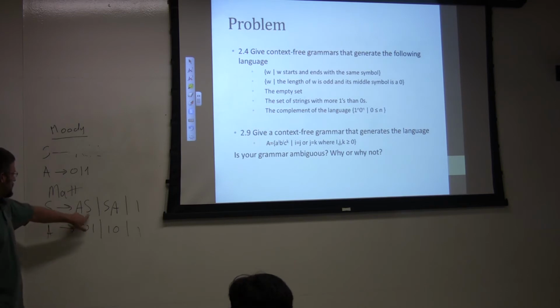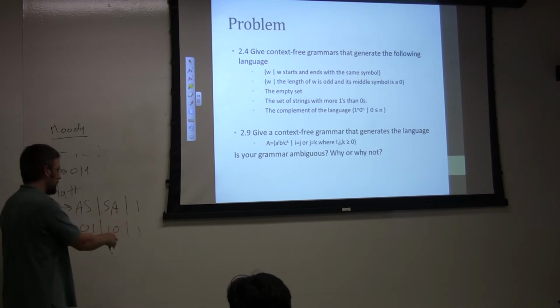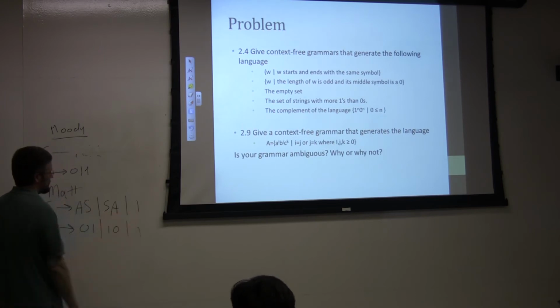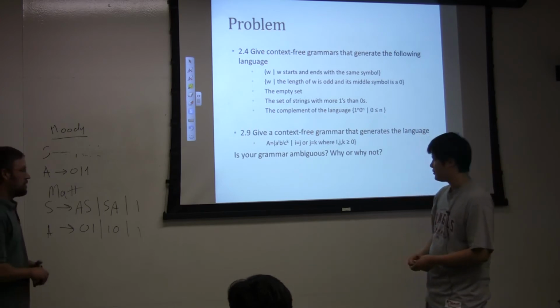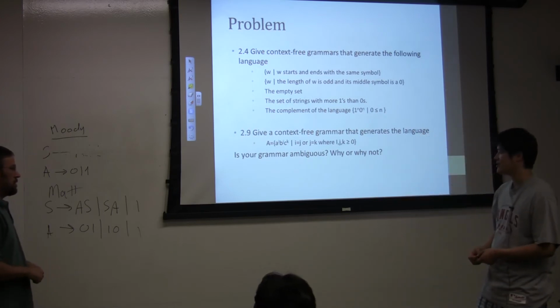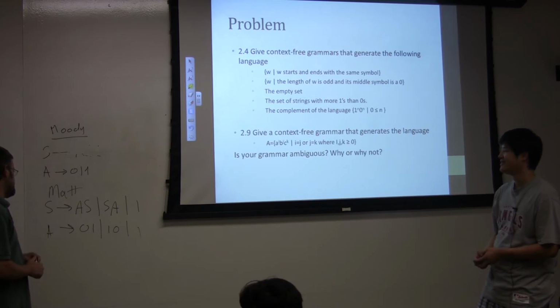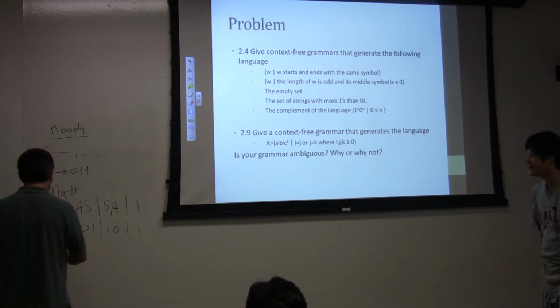So S can recursively grow in either direction, and anytime you add a 0, you also have to add a 1, so you always have more 1s than 0s, or at least the same, and then eventually S needs to be a 1. That's A, right? So basically you require 0 and 1 to stick together.